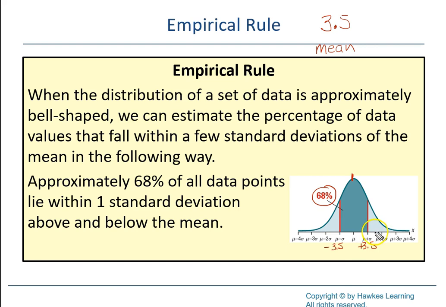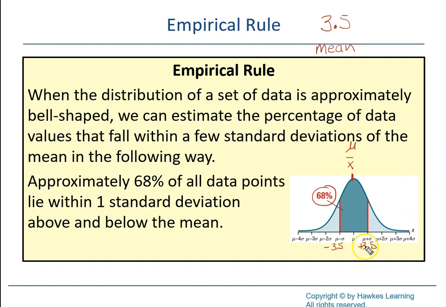That is, to this side and to this side. Now, I would suggest you just make a rough sketch of this bell-shaped curve, and then in the middle is your mean, or it could be your mu, if it's the total population. That's what they're showing here.